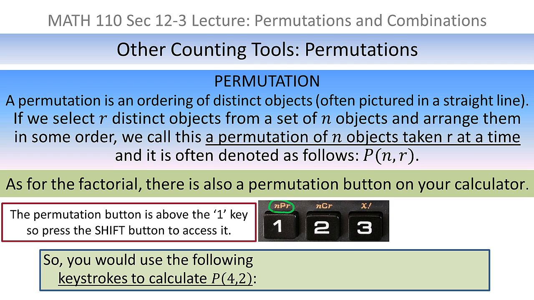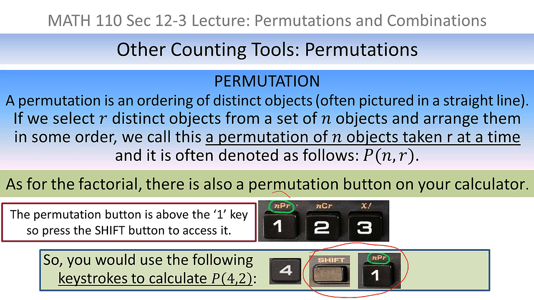If I wanted to use that calculator to calculate the permutation of 4 objects taken 2 at a time, I would take the number 4, then I would get to the permutation key, which is shift 1. The combination of shift followed by 1 gets you to the permutation key. Then you put in r, which in this case is 2, and to make it actually do the calculation, you press equal. And if you do that, and you should be following along on your calculator with this, you will get 12, which is exactly the same answer we got before.